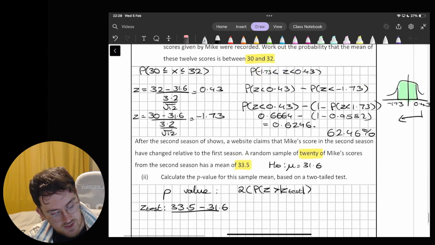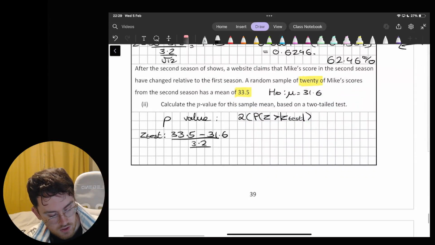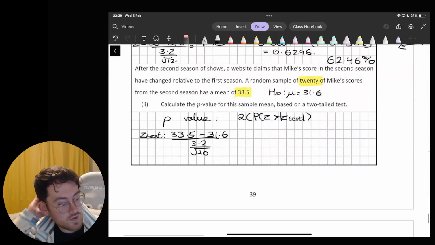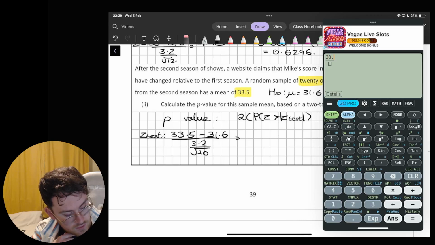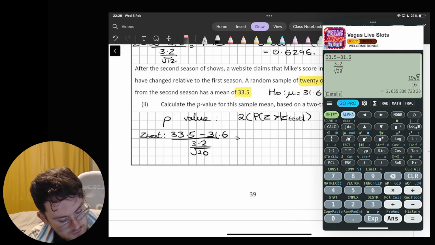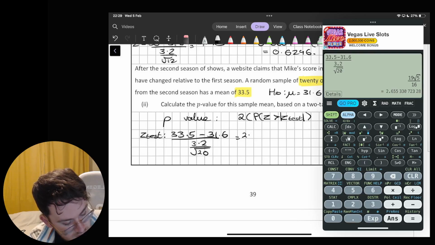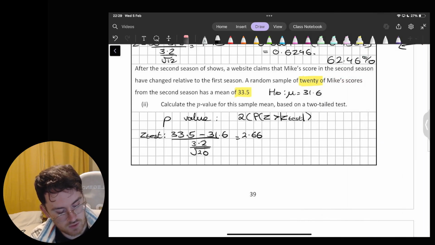My standard deviation here, again, we're assuming has stayed the same, so 3.2 over root 20 this time, because we've taken 20 scores. So 33.5 minus 31.6 over 3.2 over root 20 gives me 2.66. That's my Z score here.